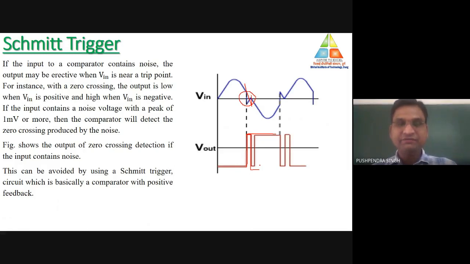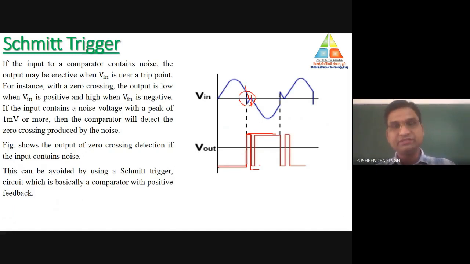In the zero crossing detector, there was only one level of checking in the comparator. If the non-inverting terminal is connected to zero voltage, then whenever the input signal at the inverting terminal moves above or below zero, the output level changes.